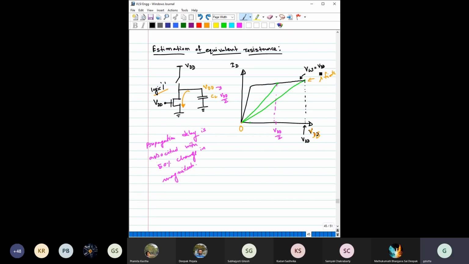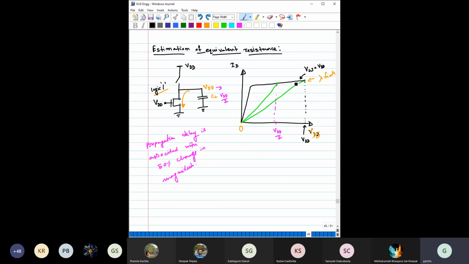You need to plot the ID-VDS characteristics at the right gate voltage, which would be equal to VDD. At VDS equal to VDD, the resistance is given by V by I, and at VDS equal to VDD by 2, the resistance can be given similarly.